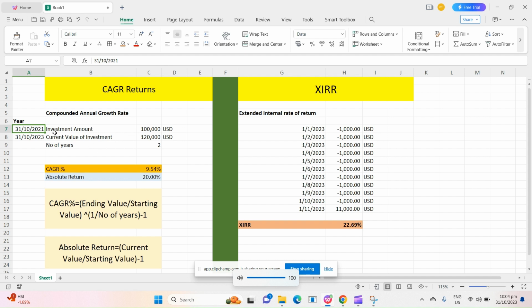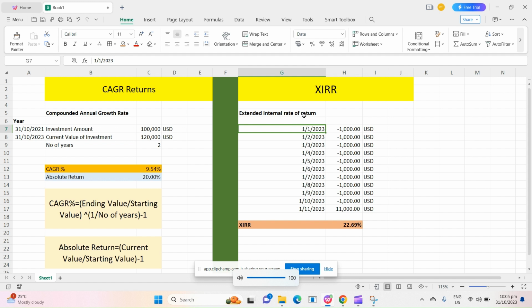But practically, what we typically see is that an investor can invest into a particular fund or stock during the investment period. So there can be multiple investments and withdrawals during the lifespan of the investment asset.